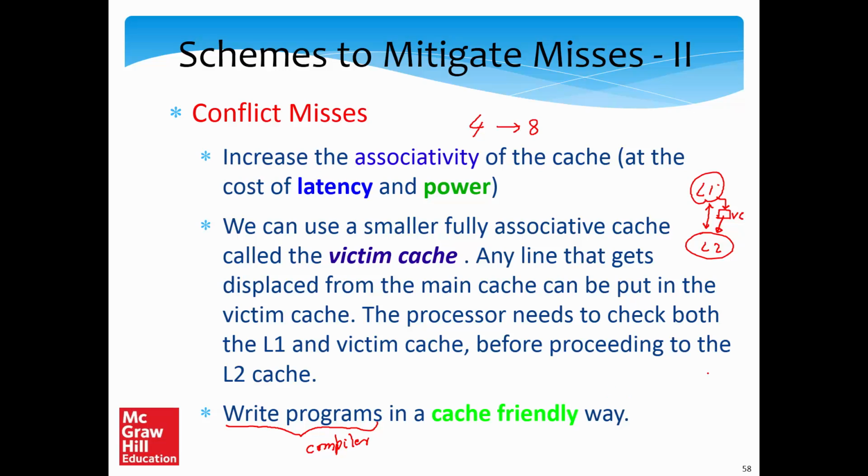The compiler allocates your data structures in such a way that they are fairly balanced across all the sets of the cache. So no set is unduly stressed, there is no undue traffic on any set, and this will reduce the pressure on any one set and decrease the number of misses.